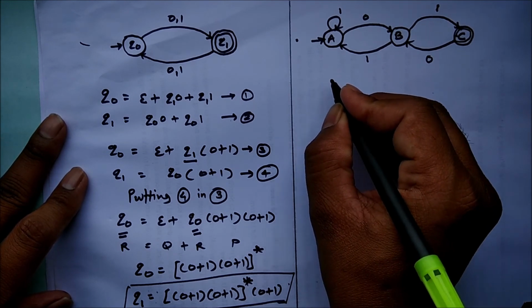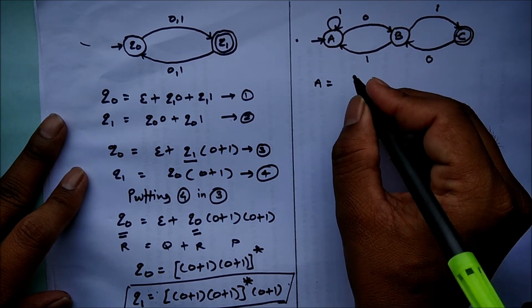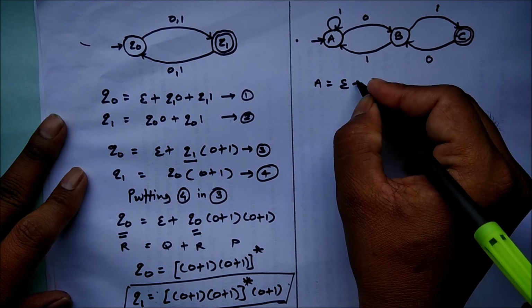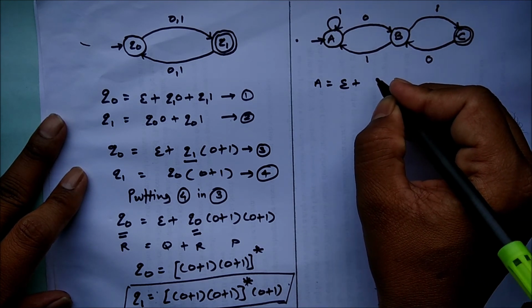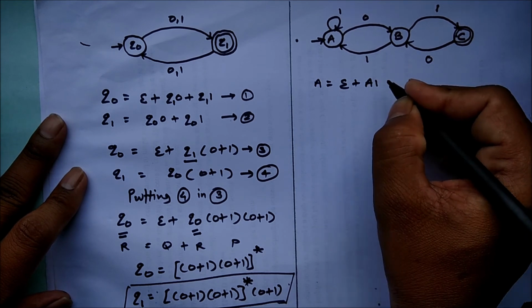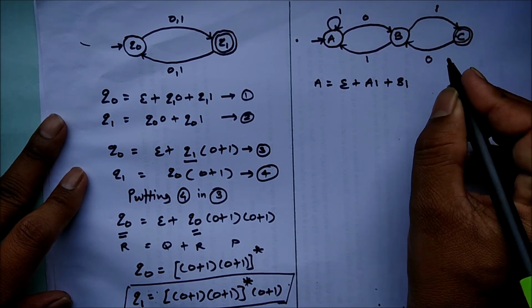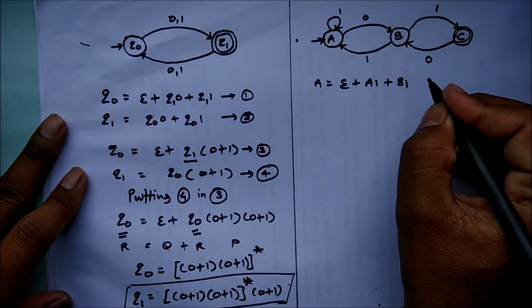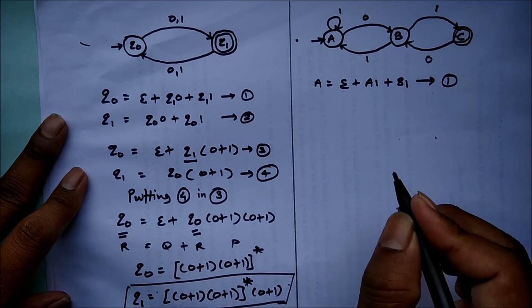So initially let's start with A. As A is the initial state, we can write it like epsilon plus, and the transiting states towards A are A with input 1 plus B with input 1, and no other states are transiting, so we can stop here and call it equation number 1.